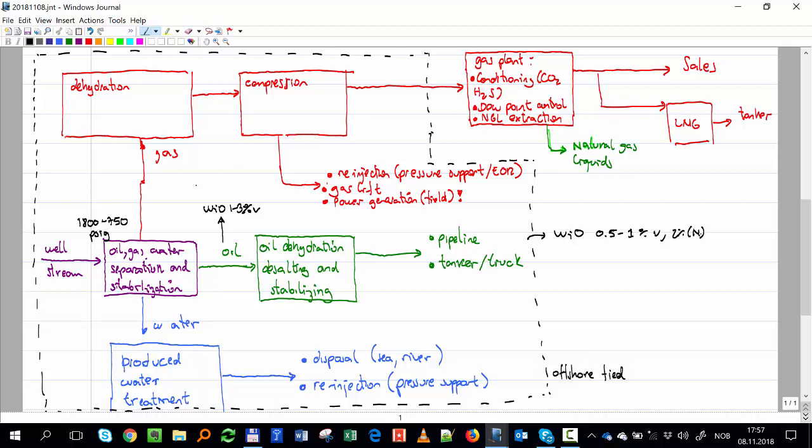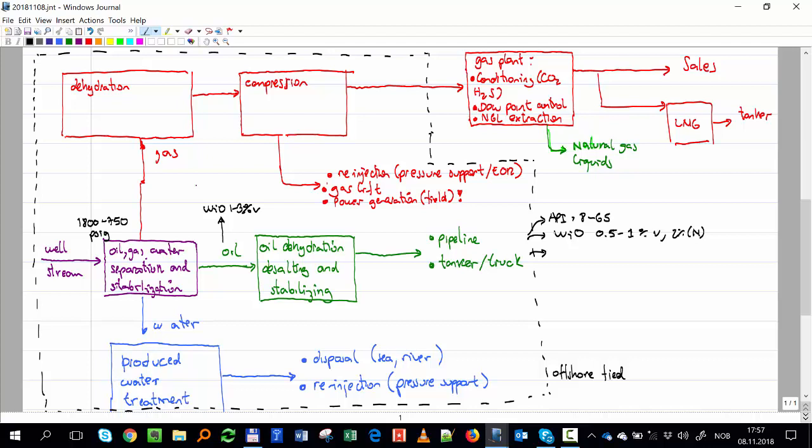If you're in Norway. The APIs we are talking about here can be anything from something very low, 8 API, all the way to maybe 60-something, 65. That's very light, you can almost put it right away in the car. Stabilized, when we talk about stabilized, I told you, you don't want it to vaporize at atmospheric conditions.